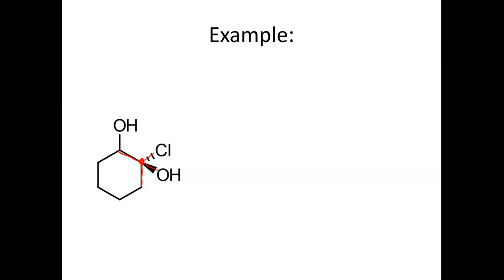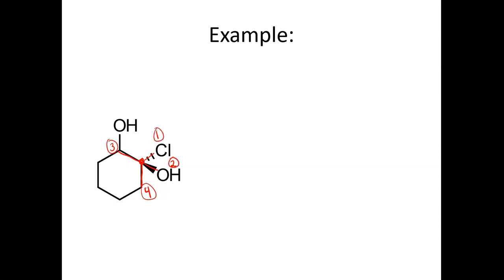So the carbon group is going to be the low priority. This is going to be 4 down here. Then the next is going to be the carbon attached to the oxygen. That's 3. Then we have an oxygen that's going to be number 2, and the chlorine is going to be number 1. So that's the priority organization.